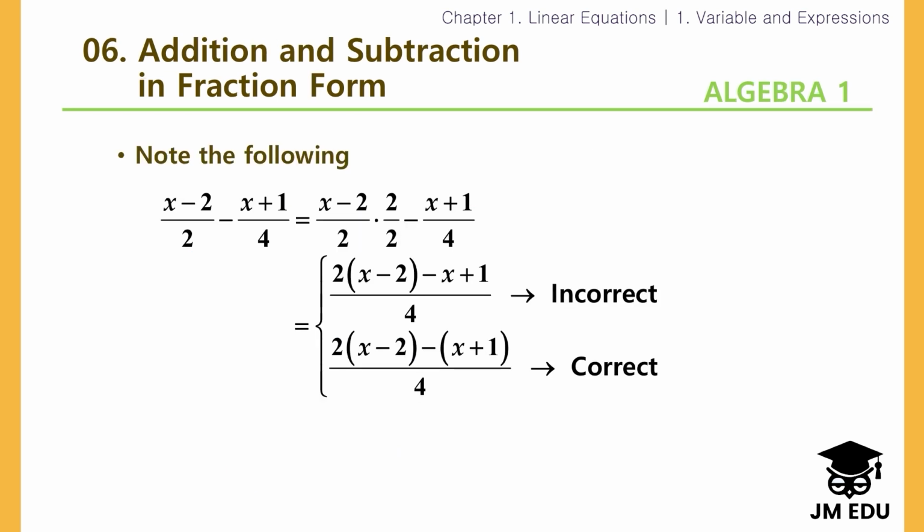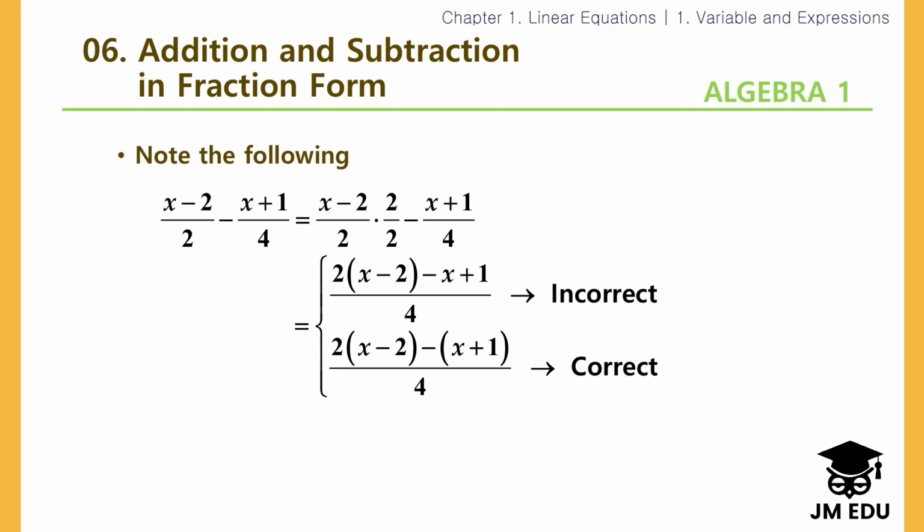Right, there is one thing that we have to be careful about when we add or subtract expressions in fraction form. Let's say we have x minus 2 over 2 minus x plus 1 over 4. Our common denominator is 4, so we multiply by 2 in this numerator and 2 in this denominator, right?